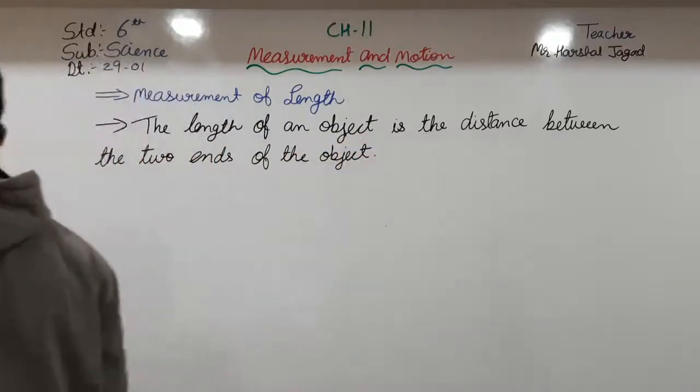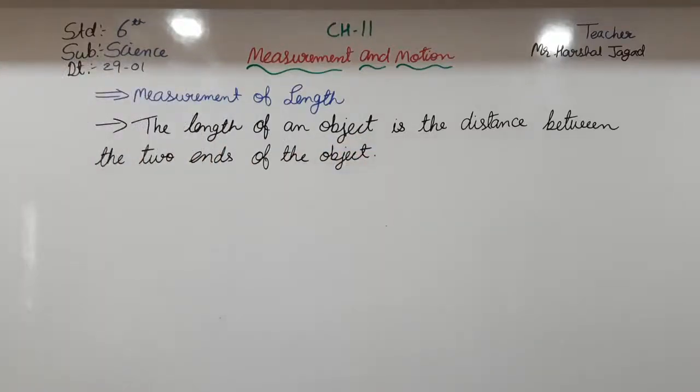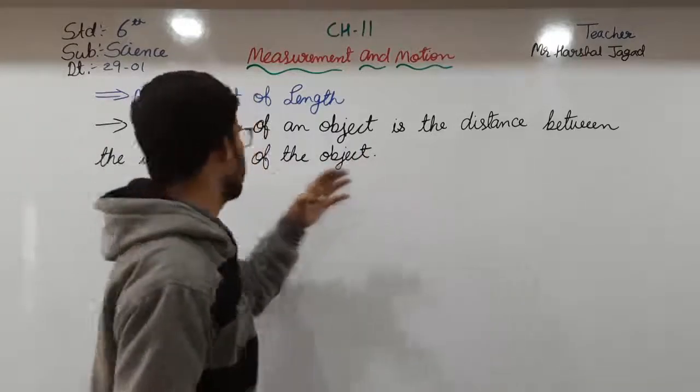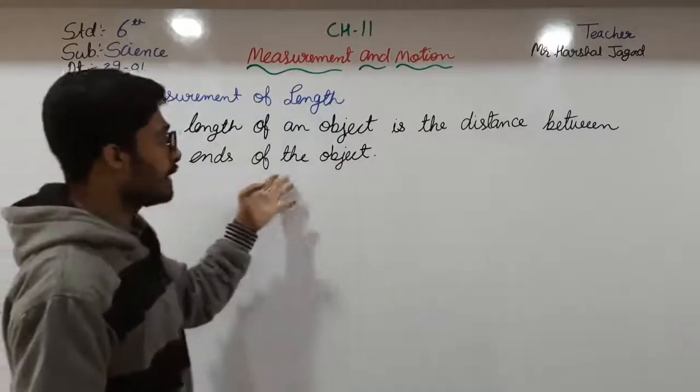Okay, the length of an object is the distance between the two ends of the object.